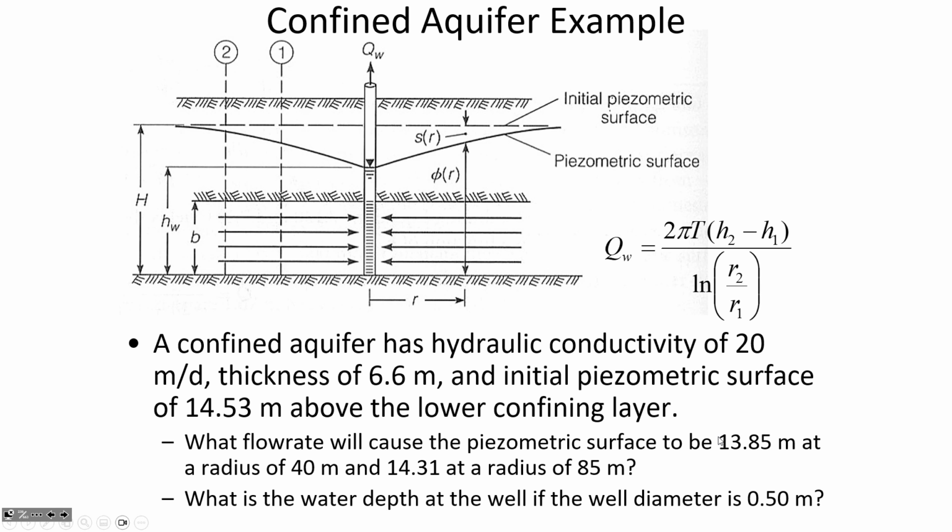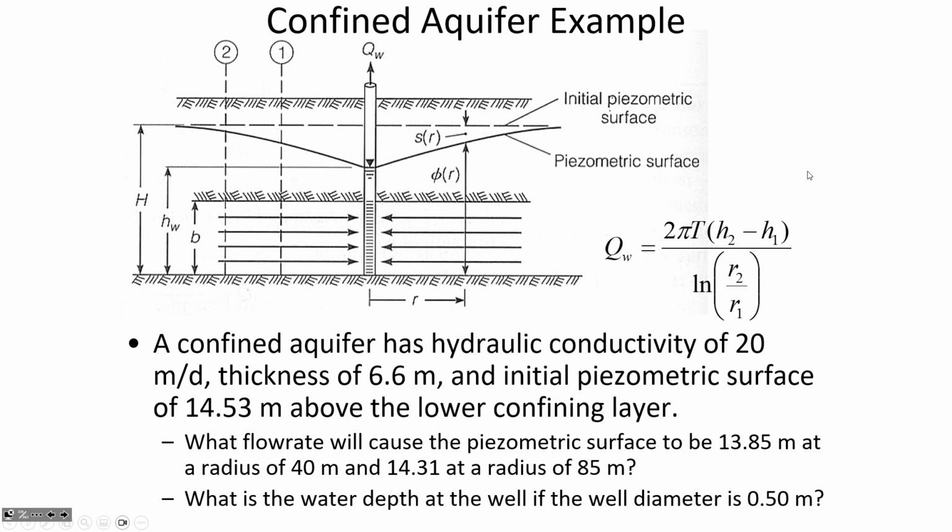And if they were telling you the drawdown, then you'd have to determine lowercase h by subtracting the drawdown from capital H. But this is a simple one because they're giving you H2 and H1 directly. You don't have to do that conversion to drawdown.